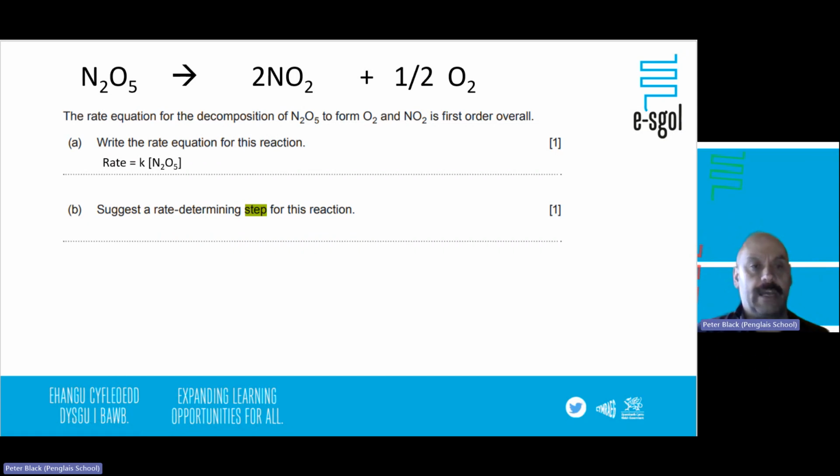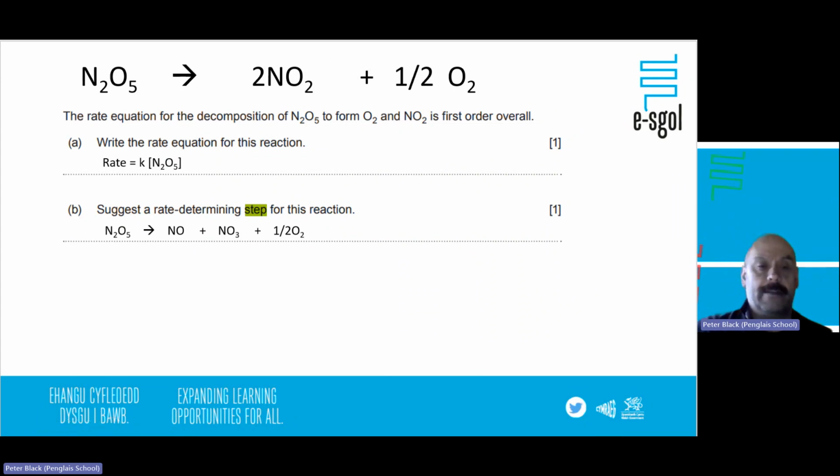Now it says suggest a rate determining step for this reaction. This is quite a common thing to be asked to do, so let's have a quick look. If you remember, I said earlier, if you're a first order reactant, there's one molecule in or before the rate determining step. So for my rate determining step I'm going to have one molecule of N2O5.